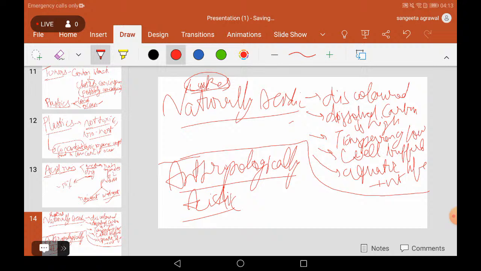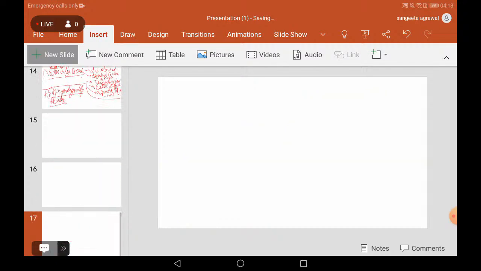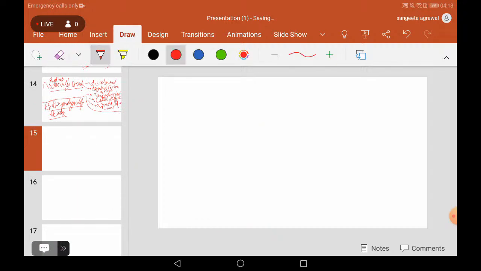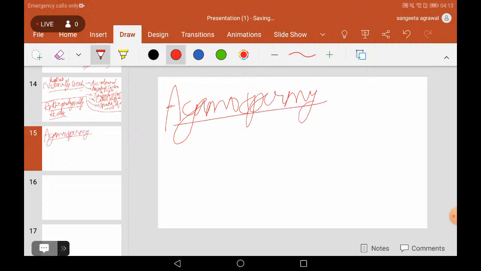Another random fact: agamospermy. It is a botanical concept actually, but since it's given here, let's study it. Basically, sometimes seeds of a plant are formed without fertilization.